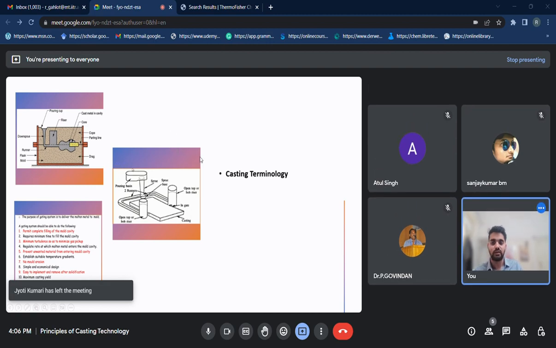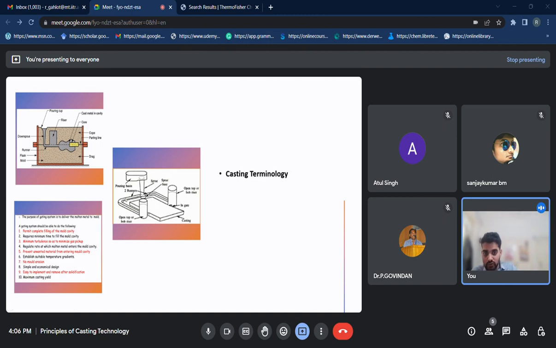As you can see in this figure, generally the molten metal is poured in the pouring basin, and further it comes through the sprue, and then there is a provision of the sprue base, which helps dissipate the kinetic energy of the falling stream of molten metal.